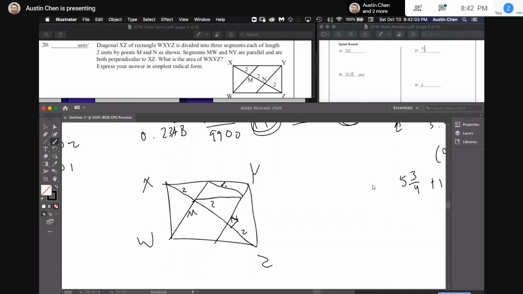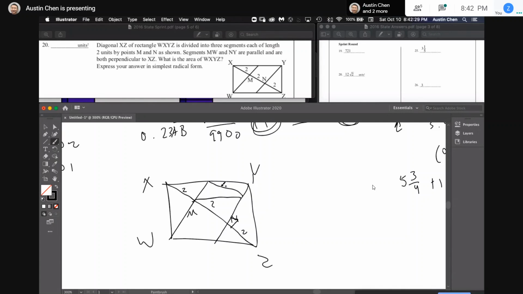Wait, what are you saying? Like the two diagonal lines, they're parallel, right? Okay. And so those two are the same, I guess. Those two?